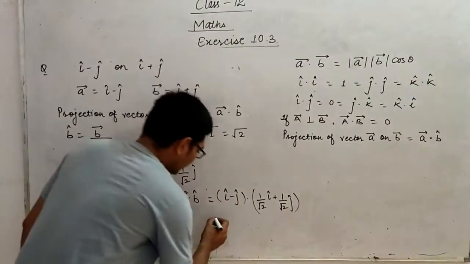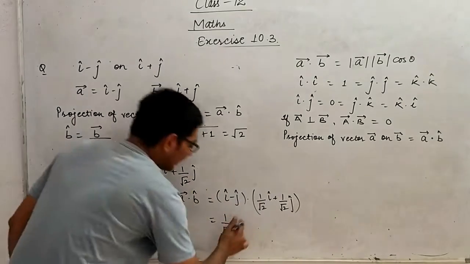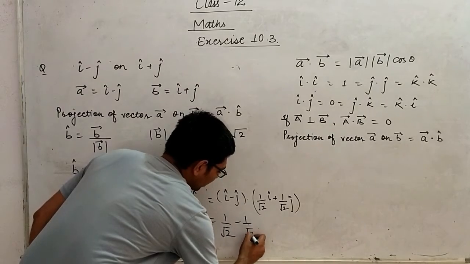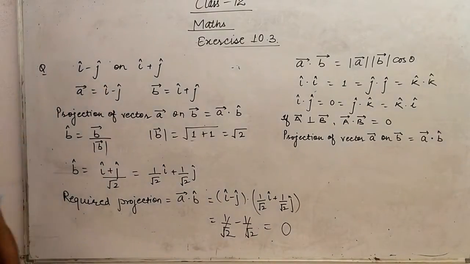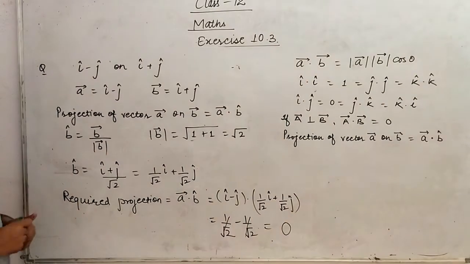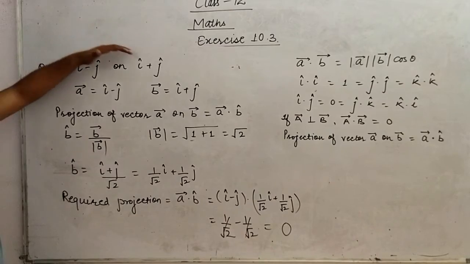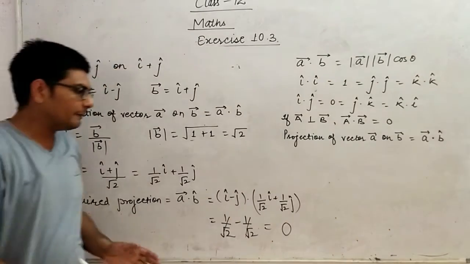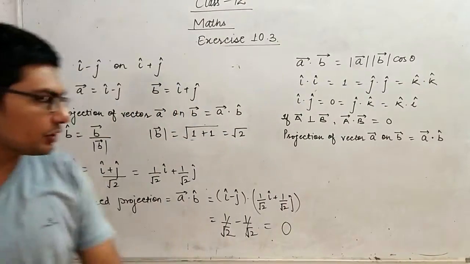That is going to be 1 by root 2 minus 1 by root 2. All this gets cancelled. The answer is 0, meaning there is no component of i cap minus j cap on this side. That's very simple. Now let us move to the next question.